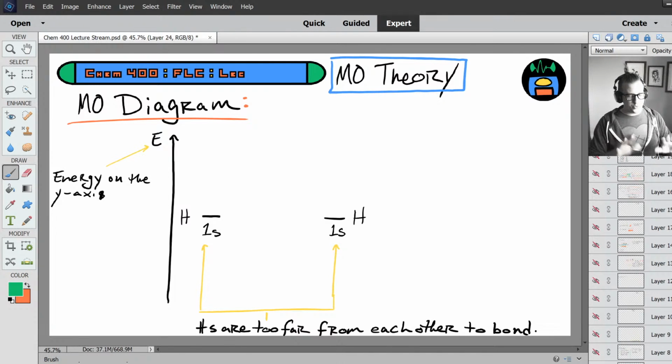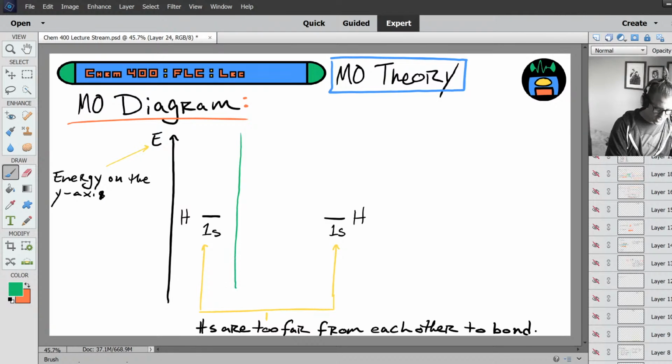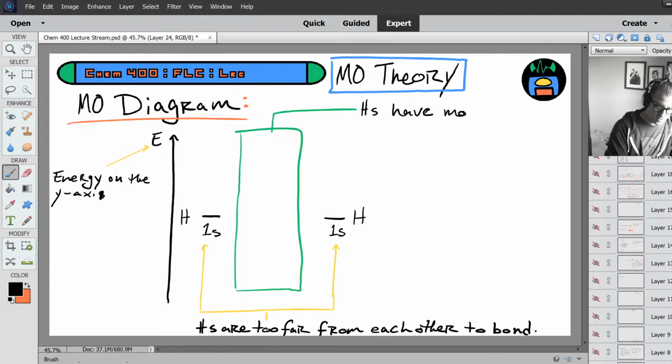So these two in this MO diagram, when they're separated on the two extremes, are too far apart to bond. And what happens in an MO diagram is this central region right here. This is where the atoms, in this case hydrogens, have moved close enough to bond.